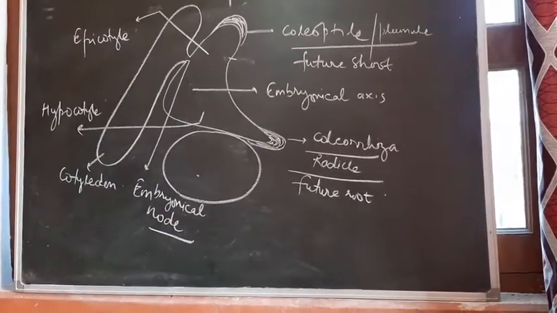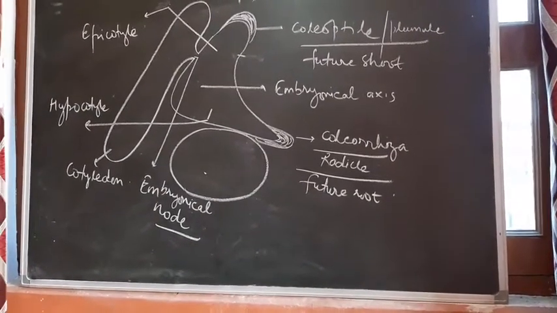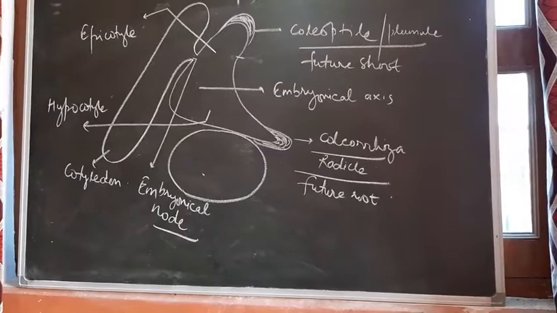So this is how the monocot embryo gets developed, right?